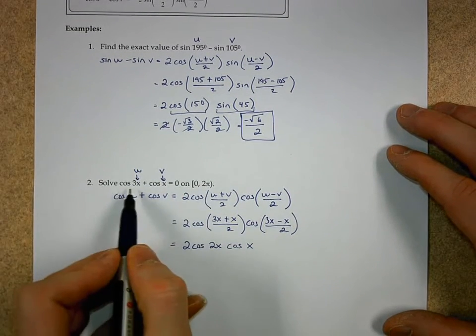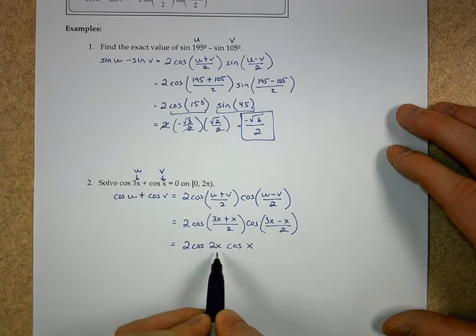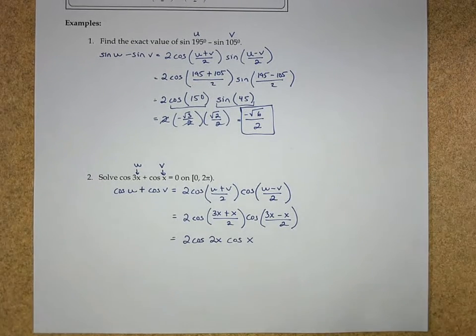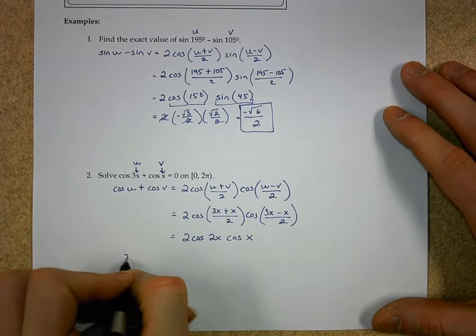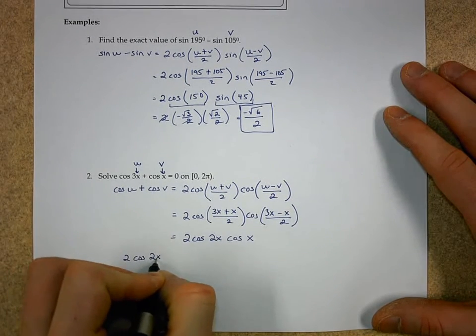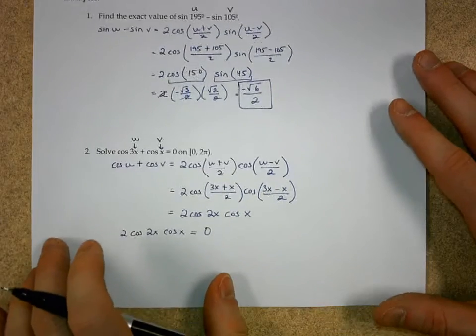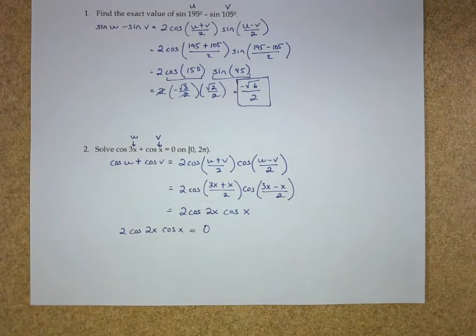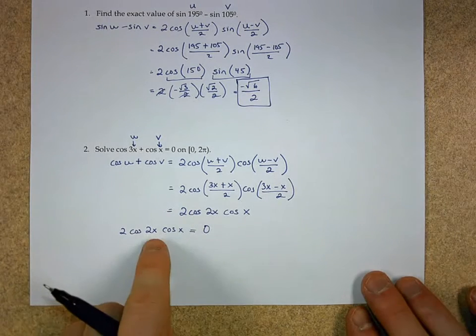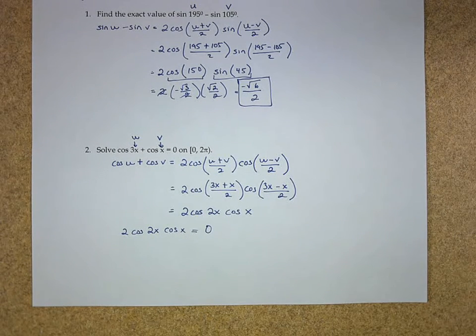So what I've done so far is I've just simplified this left-hand side into a single term that's being multiplied. So what I've got now is 2 cosine of 2x times the cosine of x is equal to 0. Now I can work with my double angle formula, cosine of 2x, which we've worked with.